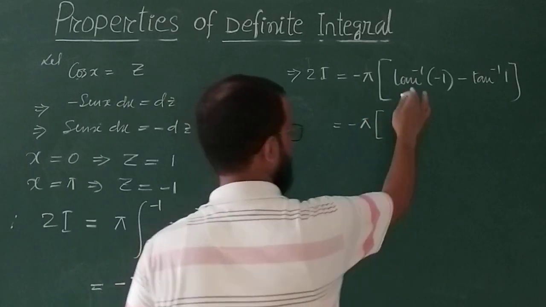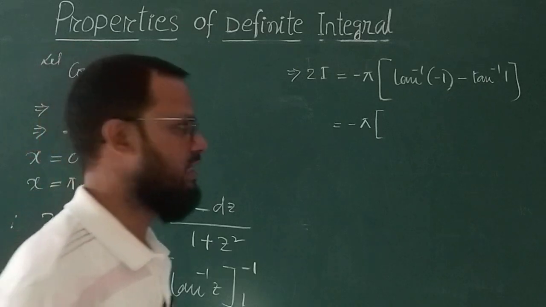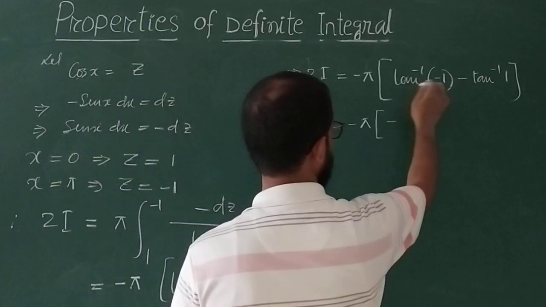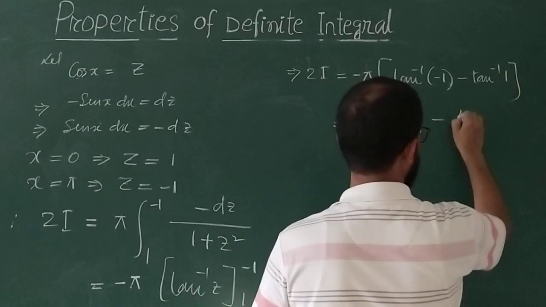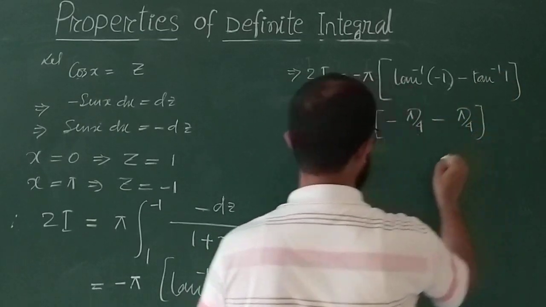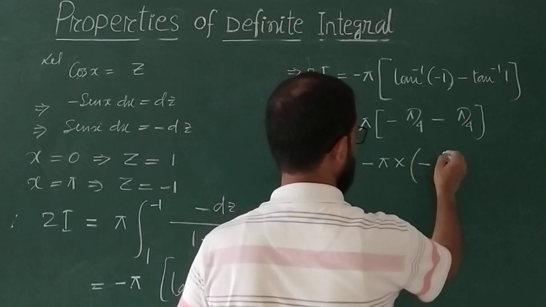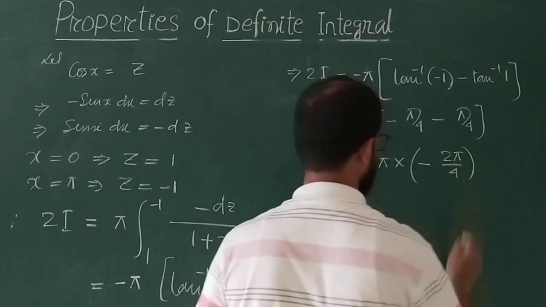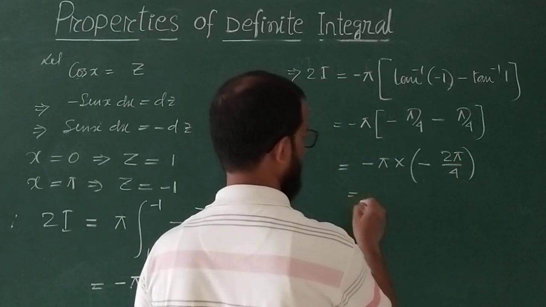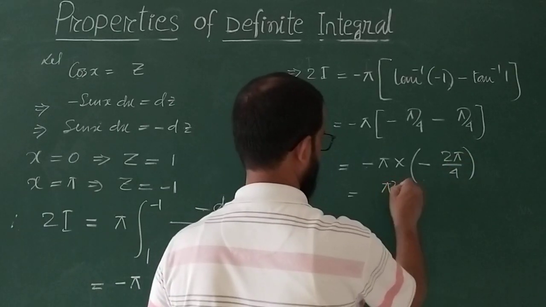You know tan inverse minus 1 is equal to minus tan inverse 1, which means minus pi by 4, and tan inverse 1 means pi by 4. Finally minus pi into minus 2 pi by 4, add it, and then you are getting minus minus a plus, 2 cancels, pi square by 2.